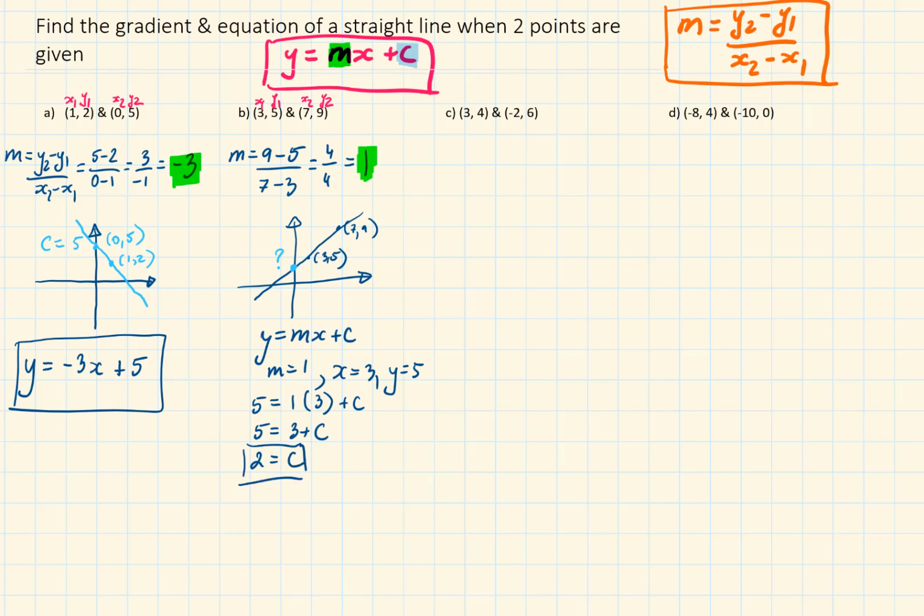So we've got c is equal to 2, m is equal to 1. We can write down the final answer. Y is equal to 1x, which is an invisible one, so we don't have to write it out, plus c, which is 2. And this is the final answer.